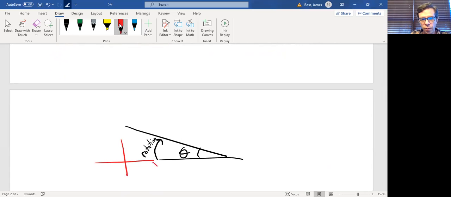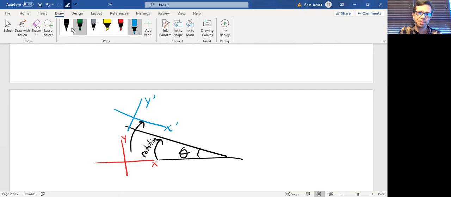Let's start with a standard coordinate axis, and we're now going to rotate that axis to my primed coordinate axis here. If this is rotated theta degrees, the axis rotates theta degrees too.